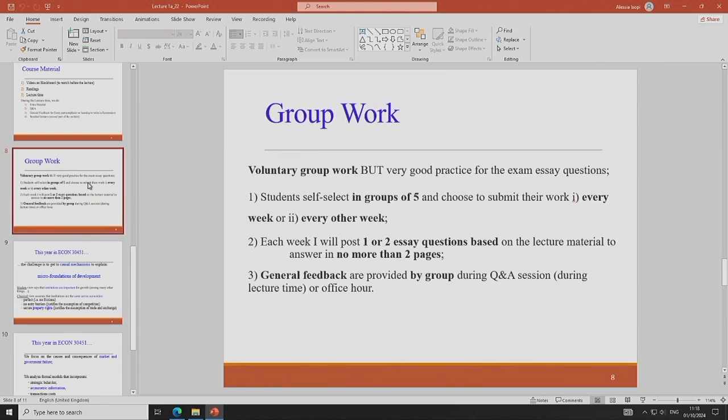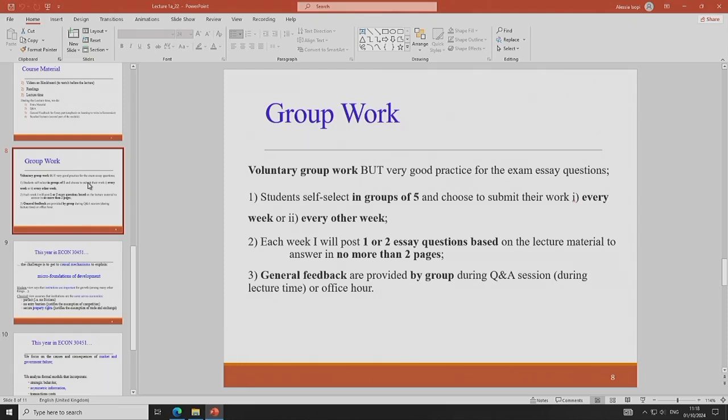Now, one of the things that I introduced a few years back, which is becoming more and more complicated because numbers in this module are going up, is this voluntary group work. This is not mandatory, so whatever grade you get will not be part of the final assessment or your final grade in any possible way.